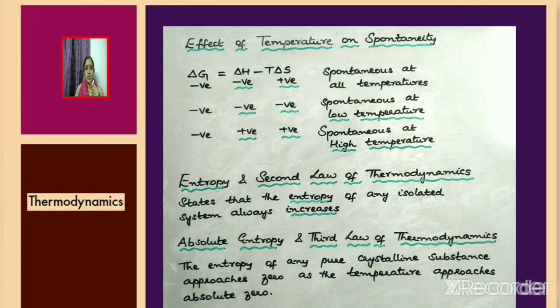At low temperatures, if delta H is negative and delta S is negative, then delta G will be negative, so that the reaction will be spontaneous at low temperatures. Now let us see when will the reaction be spontaneous at high temperature. At high temperatures, if delta H is positive and delta S is positive, so that delta G is negative, the reaction will be spontaneous at high temperature.